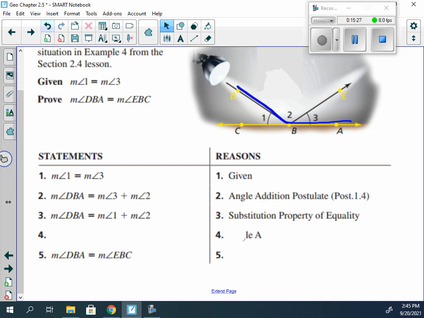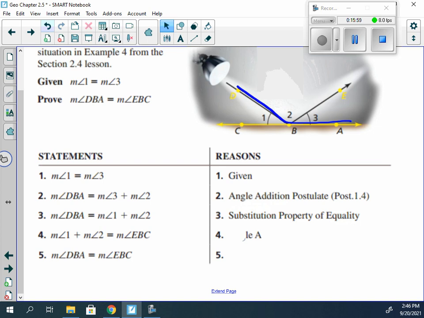What is the one thing we have not mentioned anywhere in our proof, besides at the very bottom? Is it EBC, angle EBC? Because have we defined angle EBC at all throughout this proof? No, so what would we need to do next? Say that the measure of angle EBC is angle 1 plus angle 2.